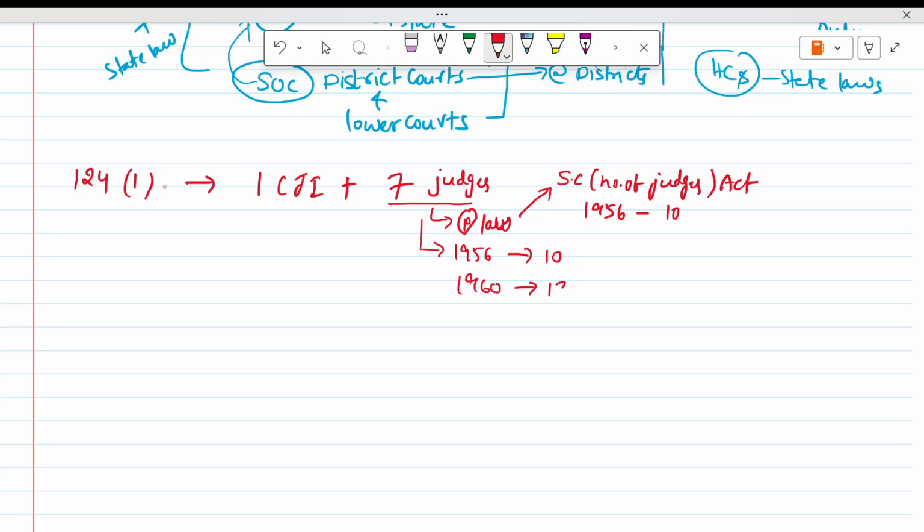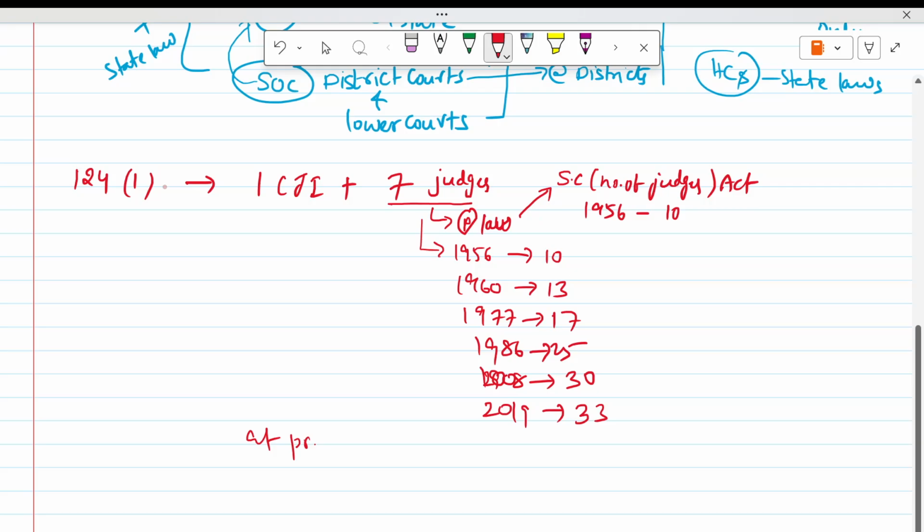In 1960 it became 13. In 1977 it became 17. In 1986 it became 25. In 2008 it became 30. In 2019 it became 33. So at present we have one Chief Justice plus 33 Supreme Court judges, a total of 34 judges in the Supreme Court.